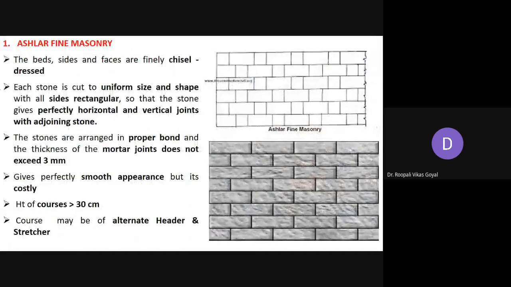Basically, in ashlar fine masonry, the beds, sides, and faces are finely chiseled and dressed. With the help of a chisel, fine dressing is applied, and each stone is cut in uniform size and shape, and all sides are made rectangular. Here you can see this figure of ashlar fine masonry.